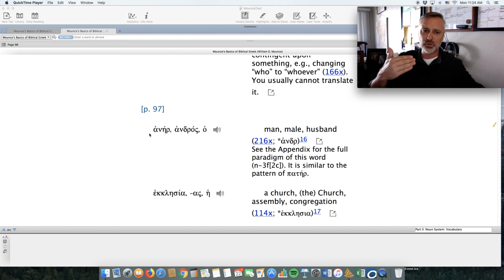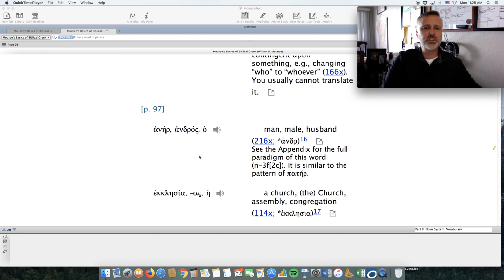You're just looking to try to recognize it. For example, to remember this, someone who is androgynous is someone that is aner and gune both, male and female.